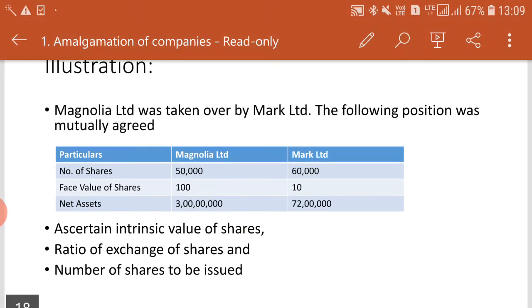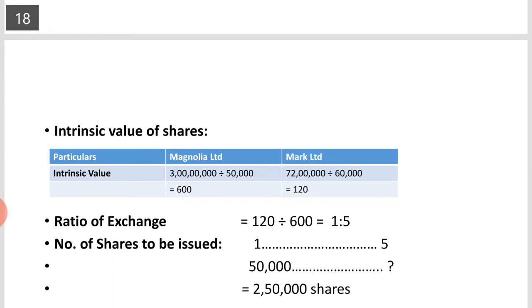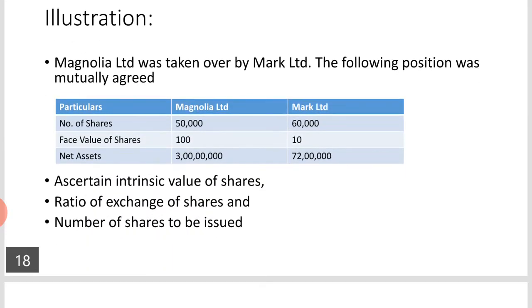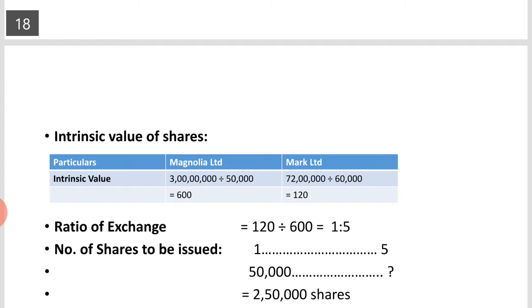I hope you all have written the question in your copy. Intrinsic value of share of Magnolia Limited. Now what is the asset available to equity shareholders of Magnolia Limited? It is 3 crores divided by the number of shares of Magnolia Limited, which is 50,000.